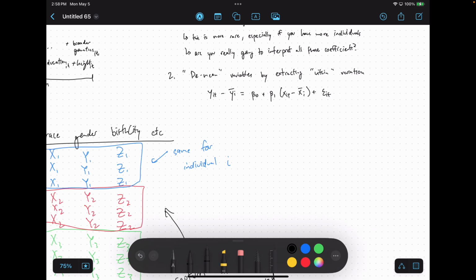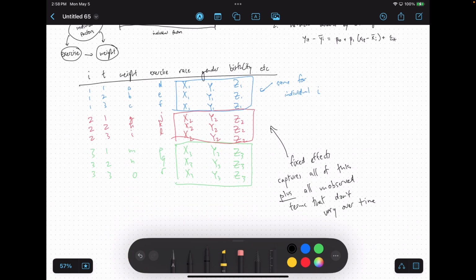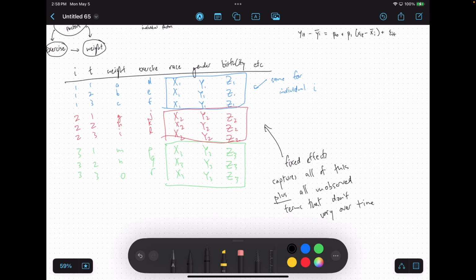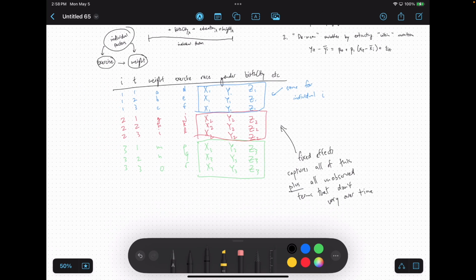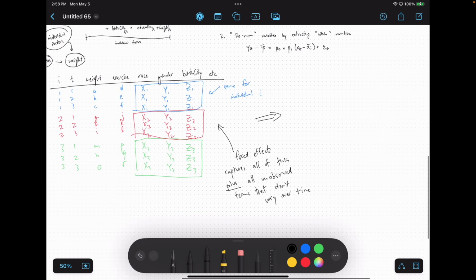it transforms this data set into, I'm going to call it, weight DM for demeaned, and then exercise DM for demeaned, right?